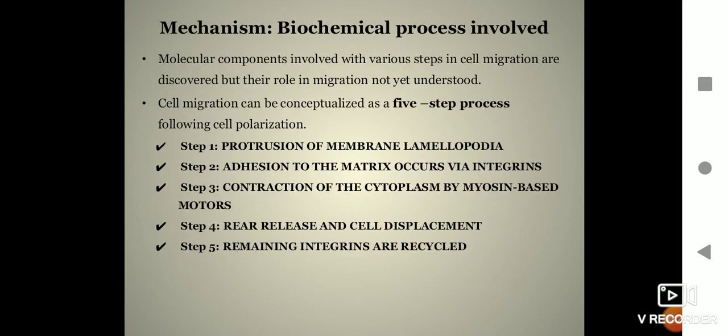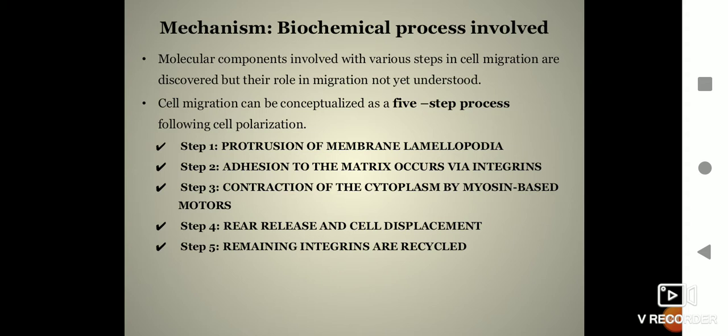So let us see the biochemical process behind the migration of the cell. Basically, the entire cell migration process is divided into a five-step process. The first step is protrusion of the membrane, the lamellipodia. Lamellipodia are finger-like extensions which are produced whenever the cell is trying to migrate in a particular direction. The second step is adhesion to the matrix, which is usually seen via integrin.